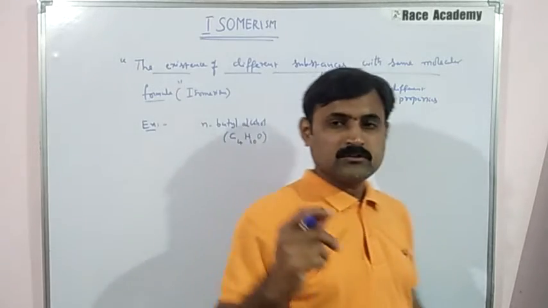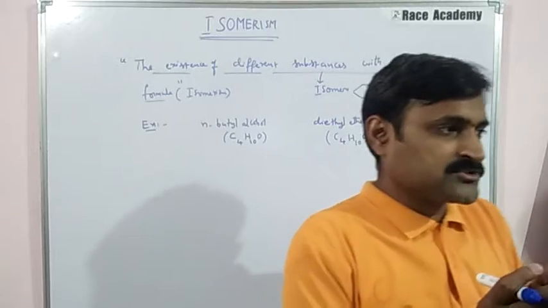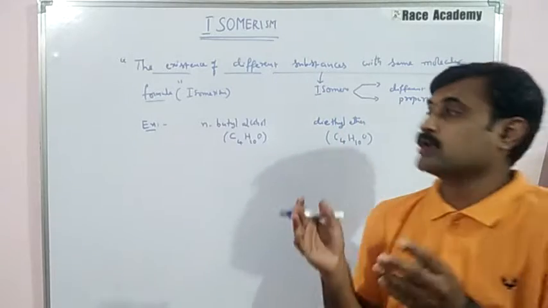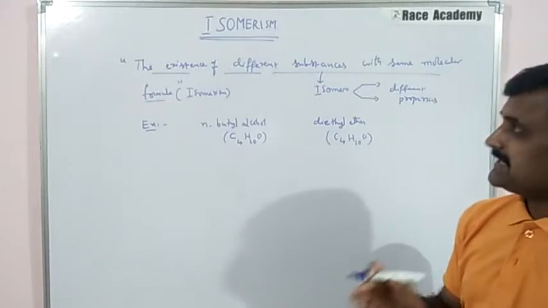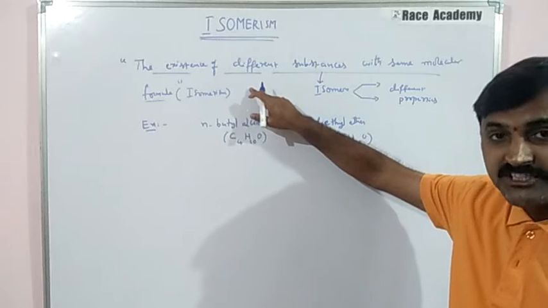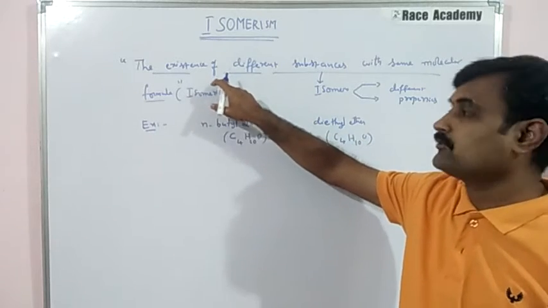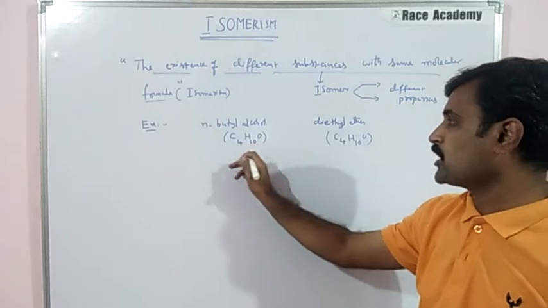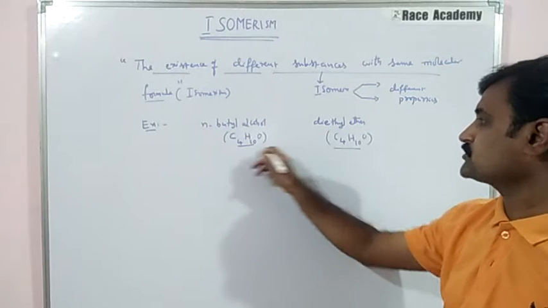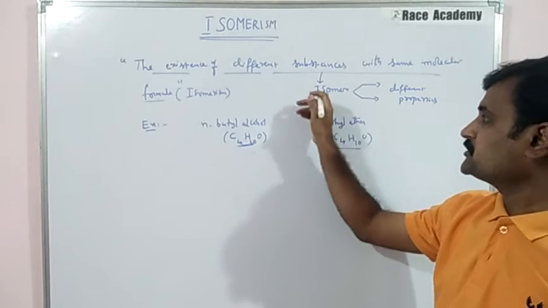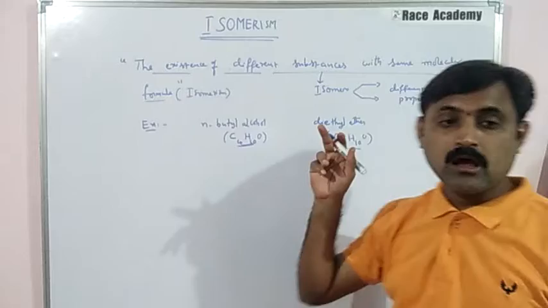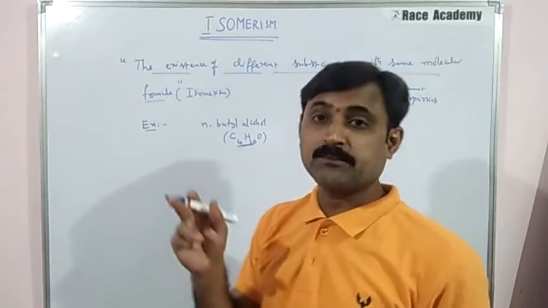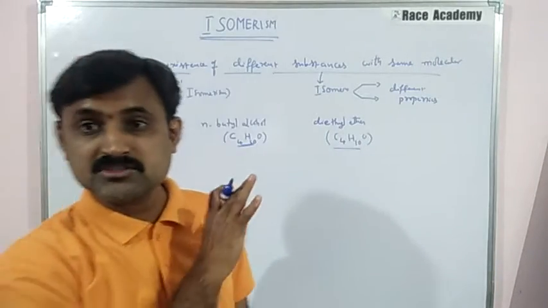Now, from these two names of different compounds with the same molecular formula, we can understand the definition. What is the definition? The existence of different substances with the same molecular formula. So the molecular formula is the same, C4H10O, C4H10O. And these two we can call isomers, but the physical properties are not the same.